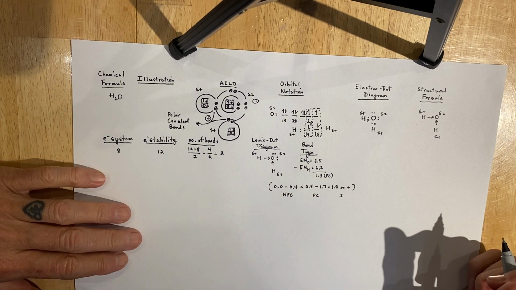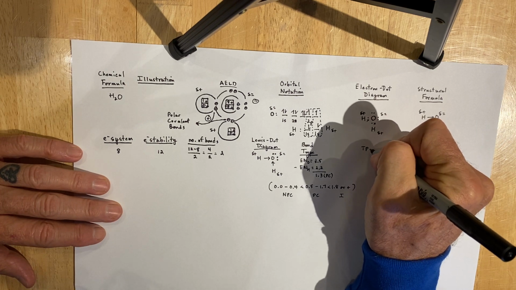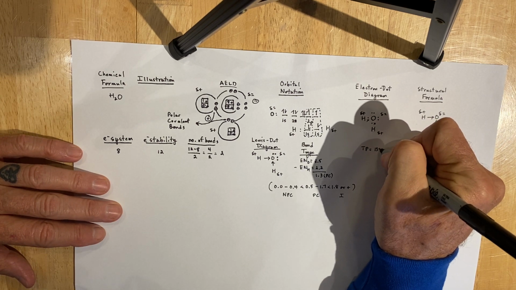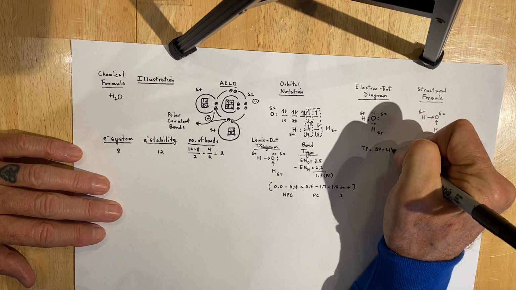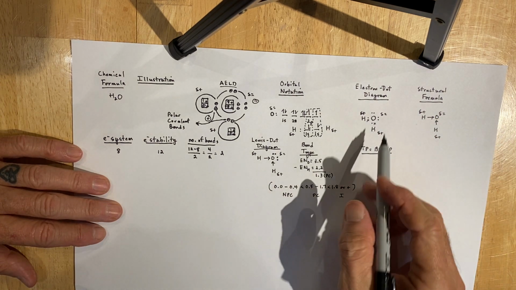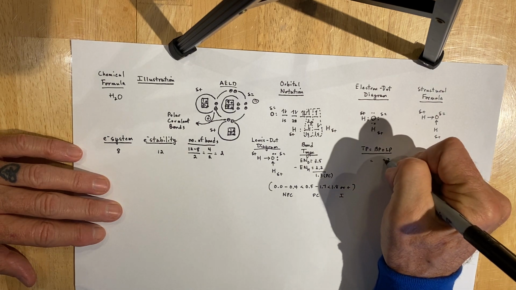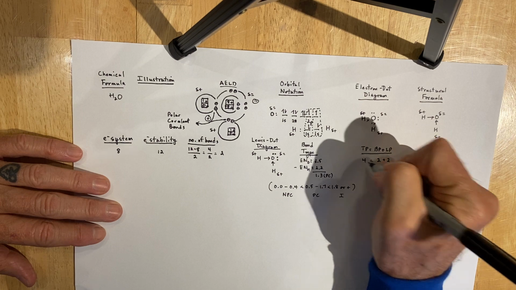So that being said, the next column we're going to look at is the total pairs around the central atom of oxygen. So when we look at oxygen, we can see that there are two lone pairs and two bonded pairs. 2 and 2 is 4.